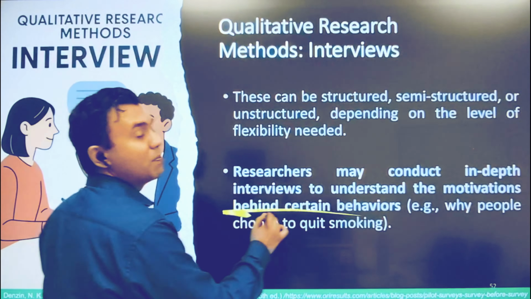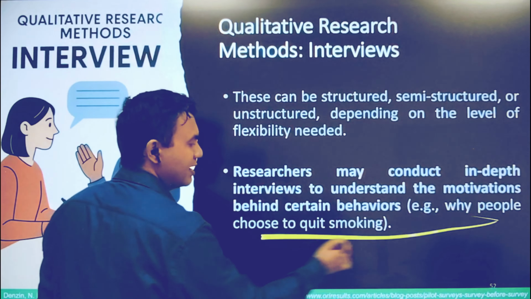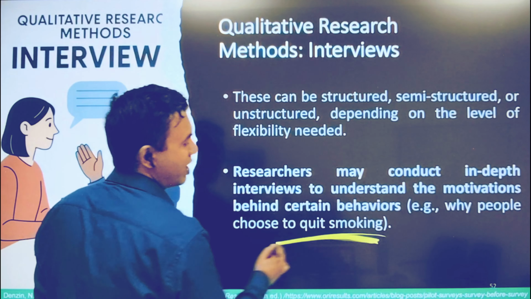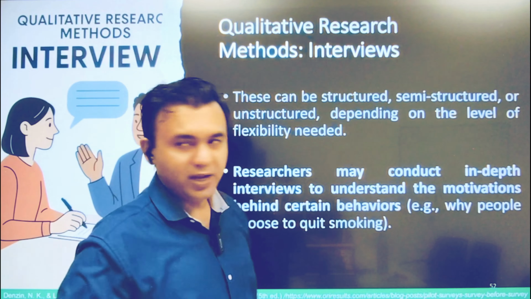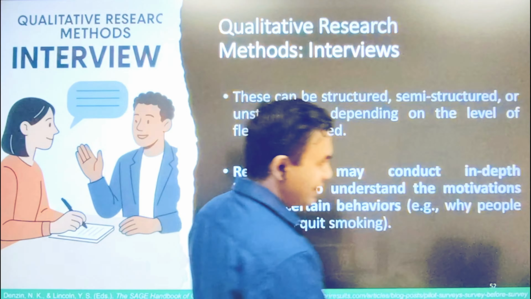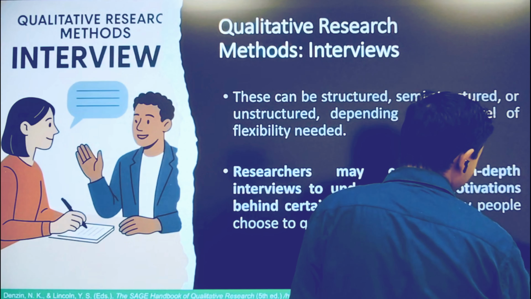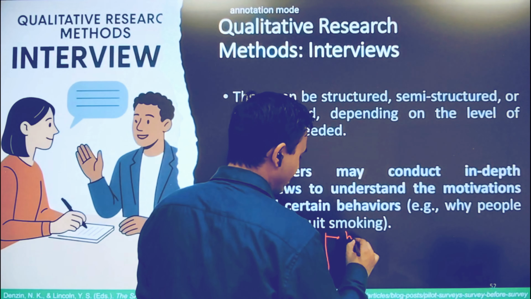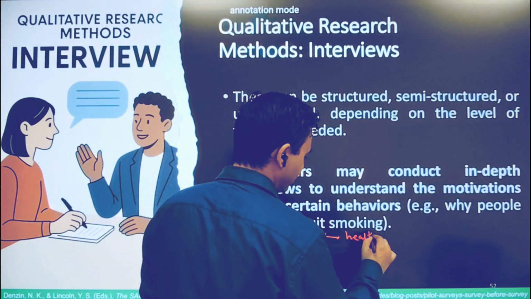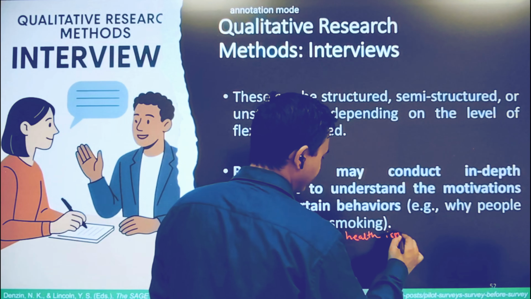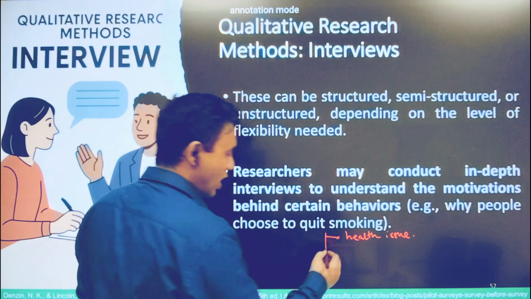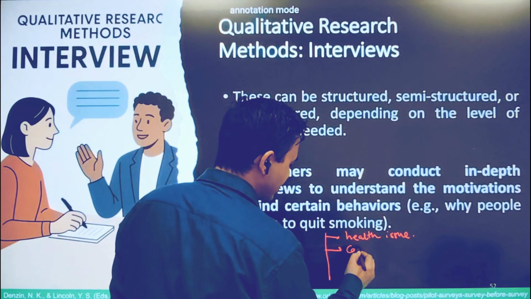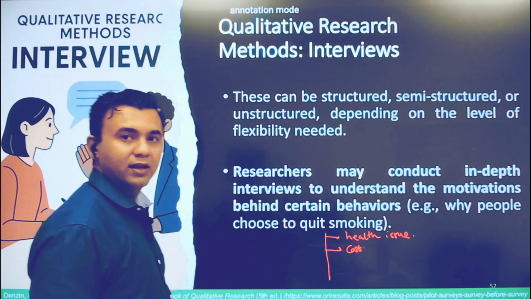For example, let's say a person wants to quit smoking, right? So why does he want to quit smoking? The first could be a health issue. Smoking also costs money, so you can say wastage of money, right?